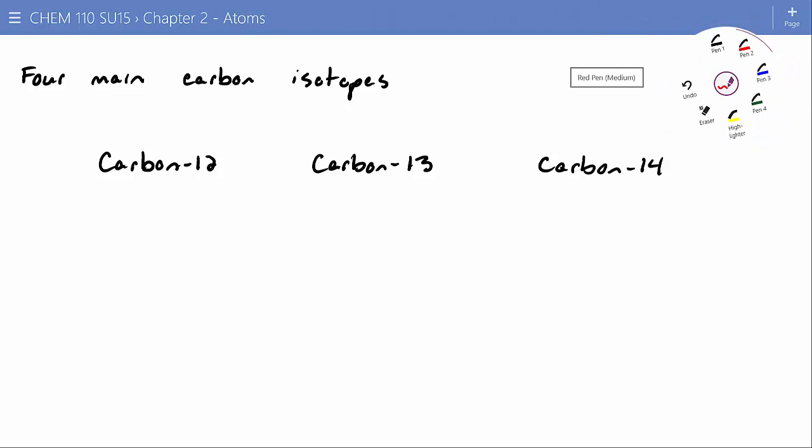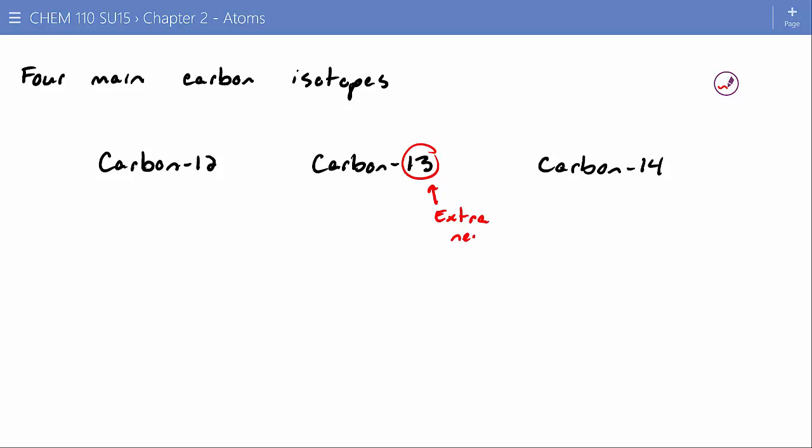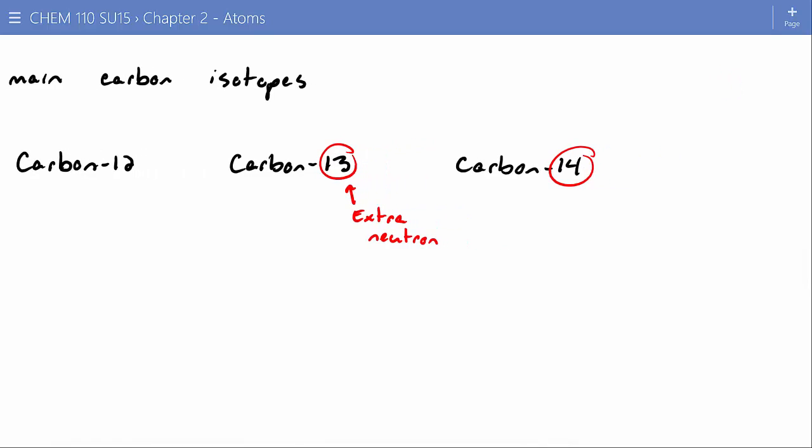The difference between carbon-12 and carbon-13 is that carbon-13 has an extra neutron. And we'll talk about neutrons and protons next week, but it's a particle in the atom itself that gives it a little bit extra weight. And same with carbon-14. Carbon-14 has 2 extra neutrons, so it's even heavier.